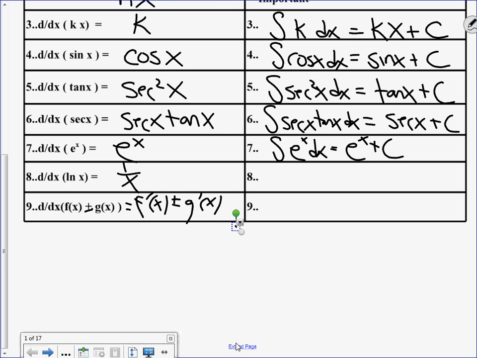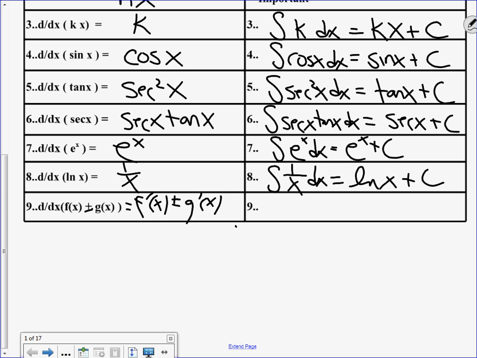Okay, we said that the derivative of the ln of x equals 1 over x. What integration formula follows? So the antiderivative of 1 over x with respect to x equals the ln of x plus c.